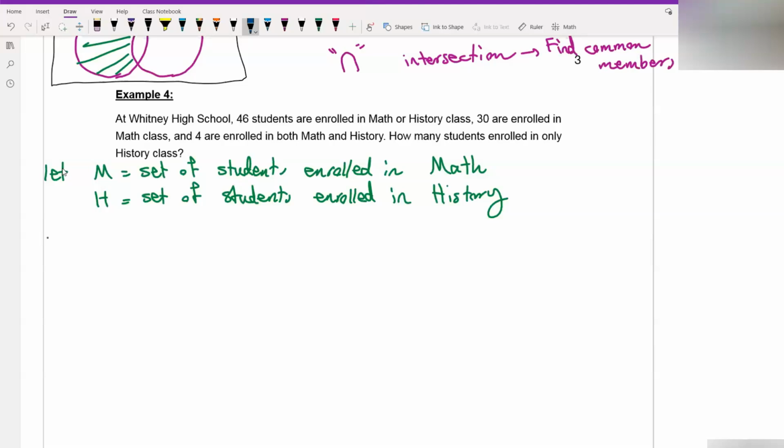We do have the number of elements in M and H, because here we have 46 students enrolled in math or history.